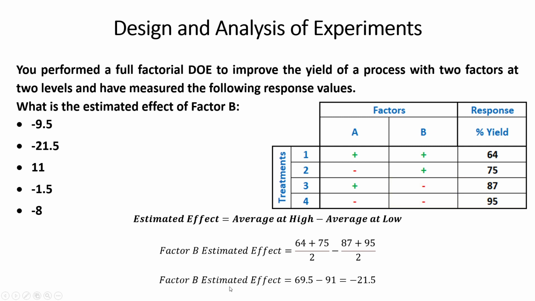And then if we just play this out, what we find is that as we vary factor B from high to low, our yield actually improves by 21.5% from high to low, right? So that's the estimated effect of factor B, which is pretty substantial for yields to change by 20%. That is a big deal.